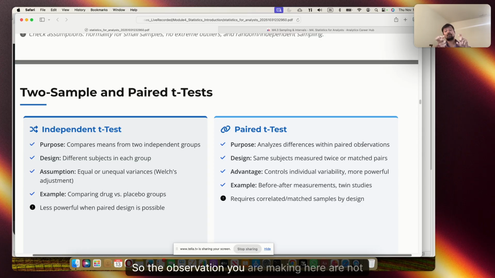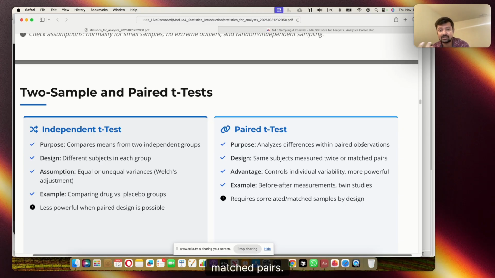The observations you are making here are not completely independent from each other. The observation at the second time point can depend on the observation at the first time point. So in these kinds of data sets, you go for the paired type of t-test. You design the same sample, measured twice or thrice, with matched pairs.